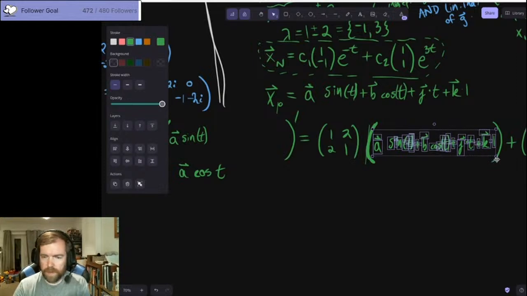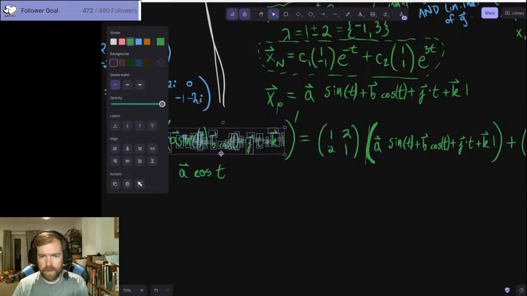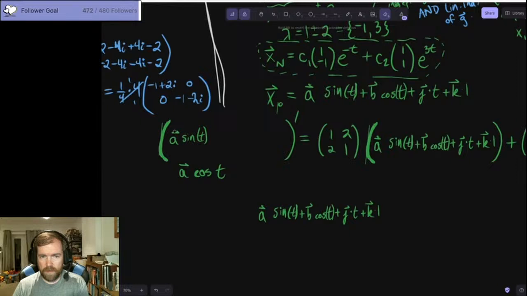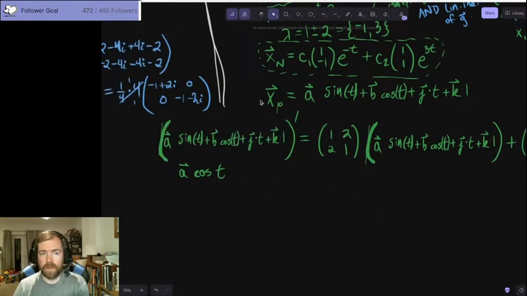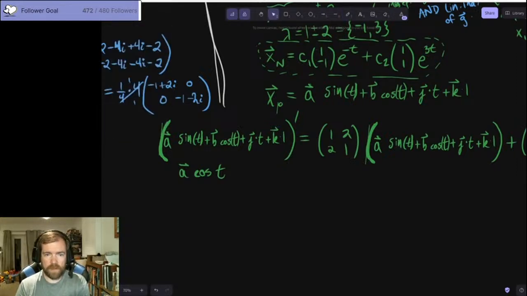Okay, copy again, paste again. Put this in here. Right. So this is going to be A cosine t.